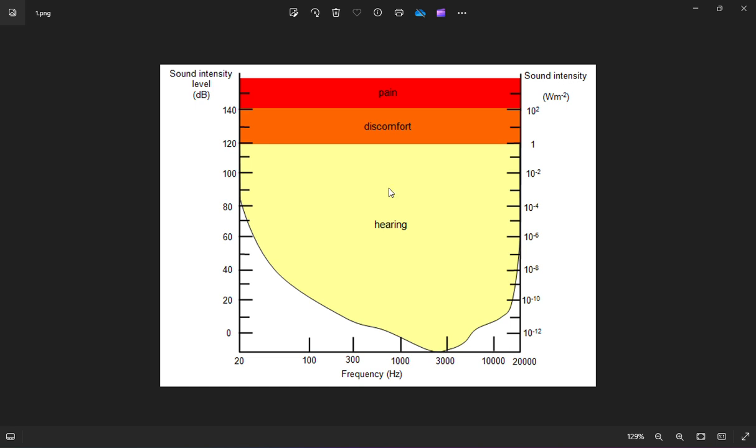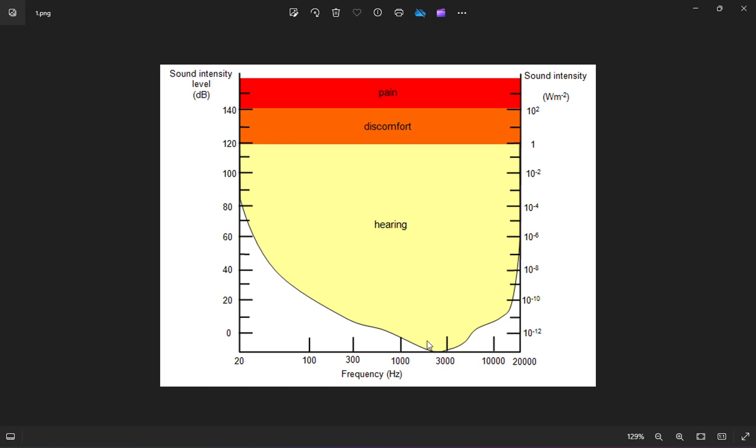Around 3000 hertz, the human ear sensitivity is very high. So the human ear is very sensitive to frequencies around 3 kilohertz, which happens to be the frequency of the voice of a child.